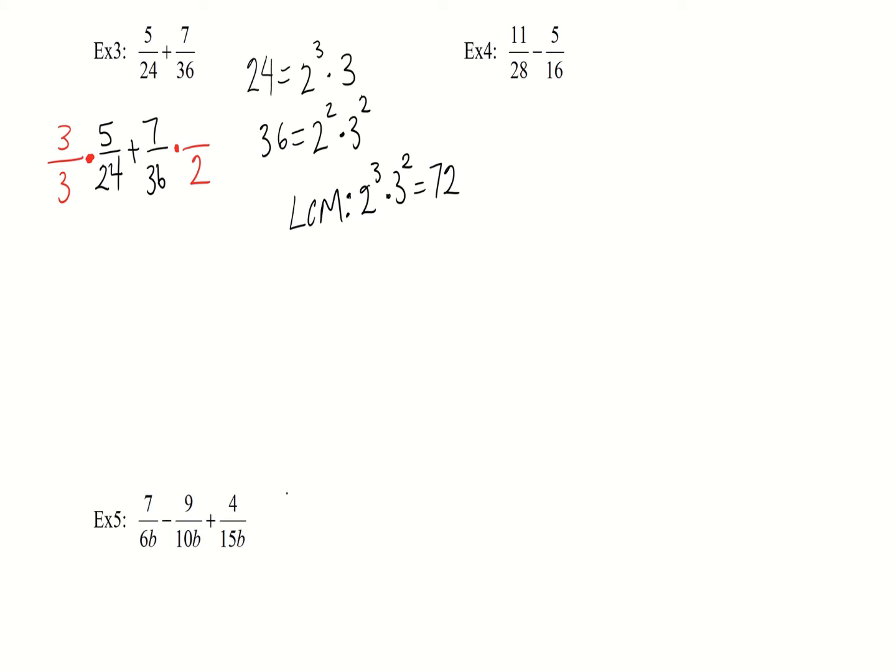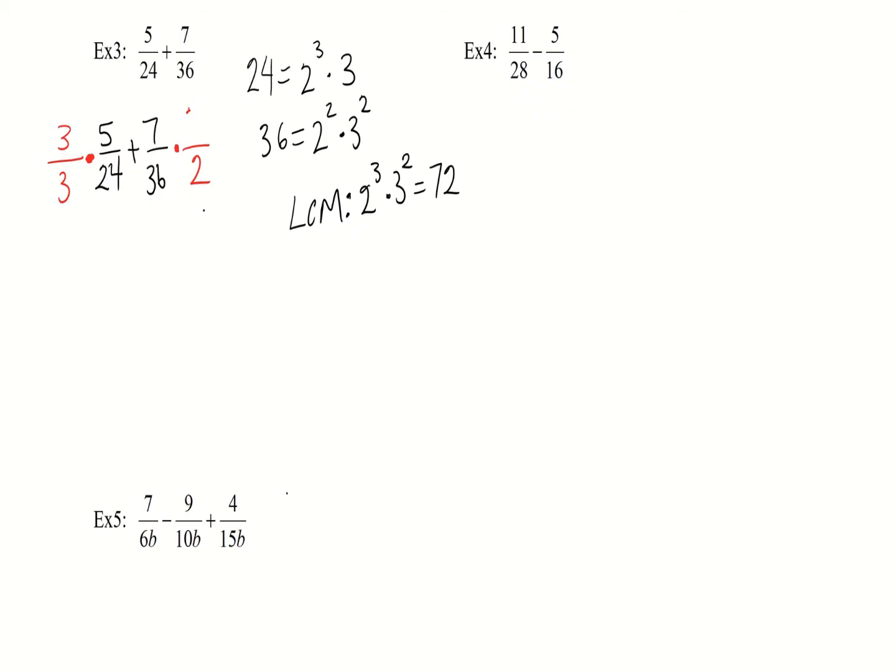Okay, in doing this, then we'll have for our first fraction, we're going to have a common denominator of 72. So we could write it all over 72, but I'm going to write it as two separate fractions here in this one. 5 times 3, or 3 times 5, is 15 over 72.